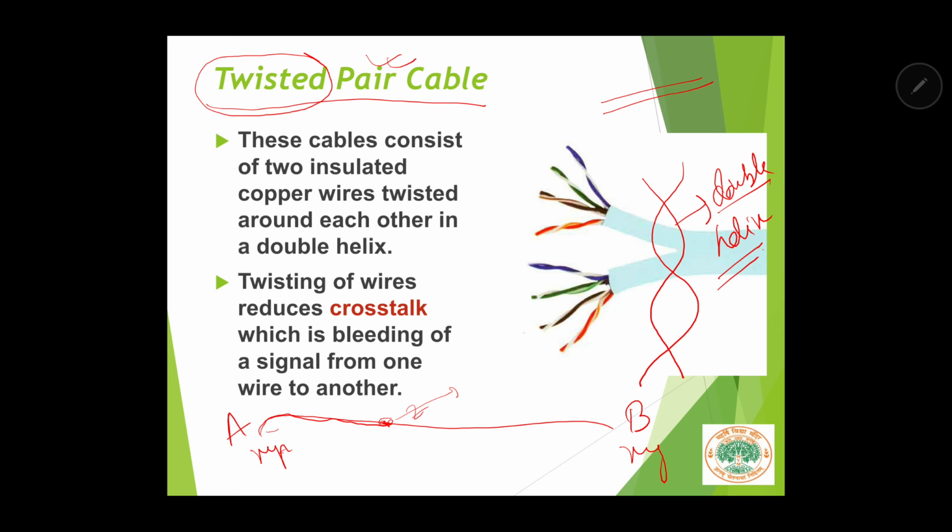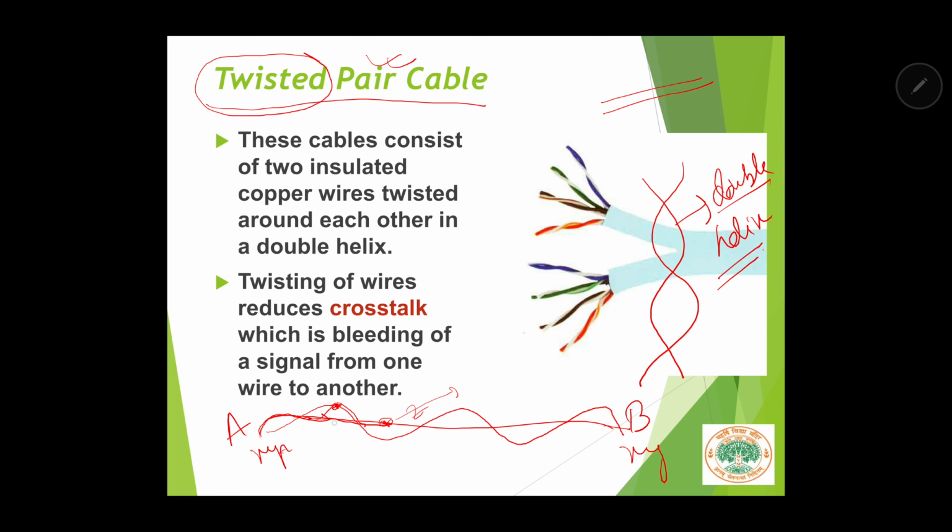So in order to prevent that leakage, we take another cable and twist it over the first cable. Now what is the advantage of twisting? Suppose this is the main wire through which the signal is passed. If some signal gets leaked from the first wire, it will be transferred to the second wire, and then it will again be retransferred to the first wire.